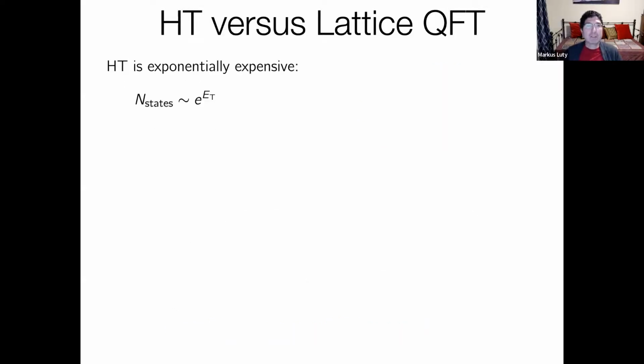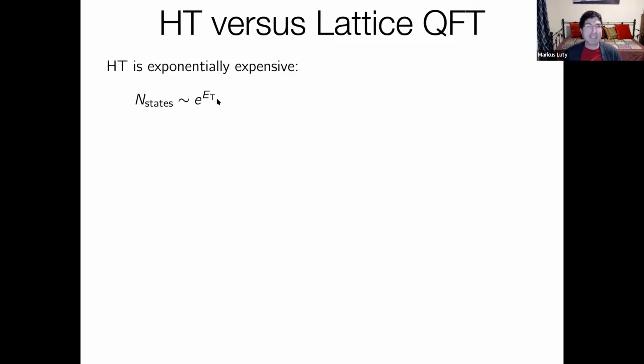Okay, so let me tell you some other things, in the spirit of warts and all, as Michael said at the beginning. Hamiltonian truncation is exponentially expensive, and for the very simple reason that the number of states grows exponentially with the total energy. This is what makes statistical mechanics work, the fact that there are exponentially many excited states.